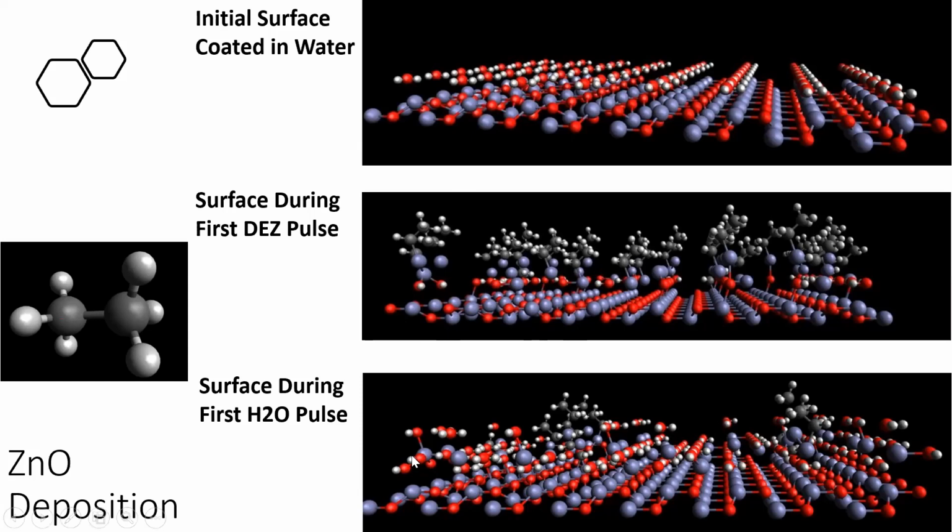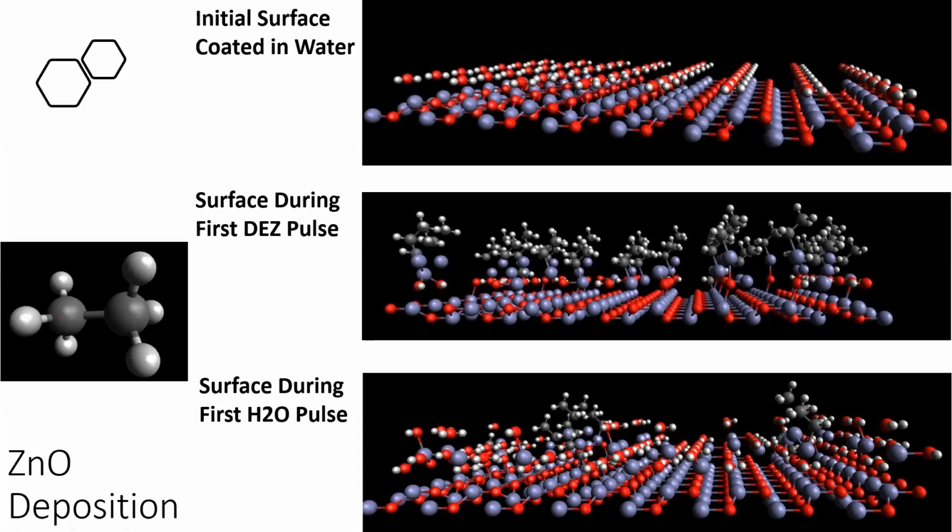Again, the water donates a hydrogen to the ethyl ligands that are on the surface. And this cleanses the ethyl ligands, forming ethane again as a byproduct. Now you should notice that there is still MEZ left in the surface. Most likely what will happen is that these ligands will get trapped in the surface as the material is formed.